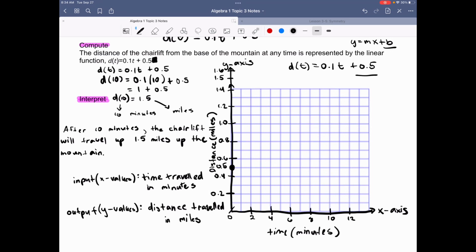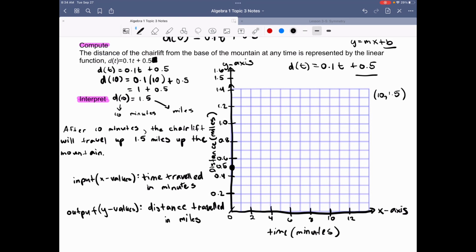And then the next step is to take 10 minutes and 1.5. That was after 10 minutes, chairlift traveled 1.5 miles. So 10 is right here on the x-axis.